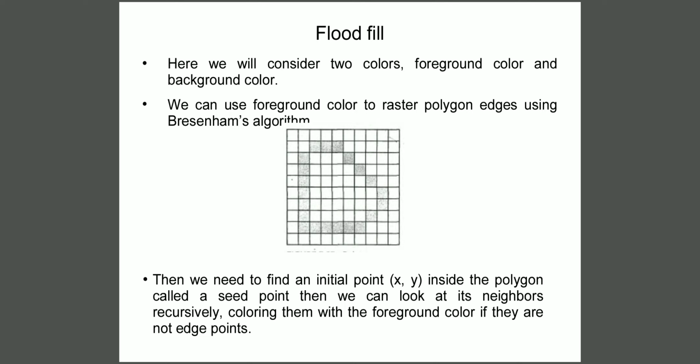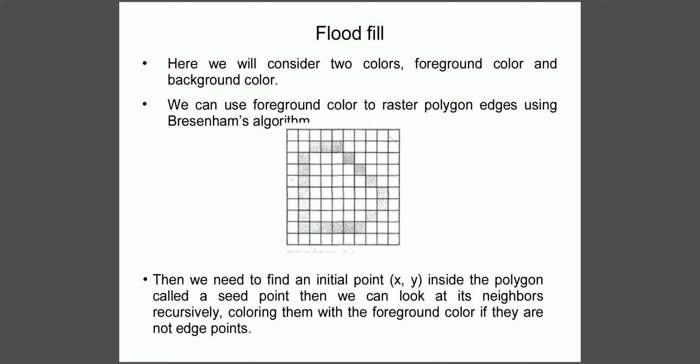For every neighbor we will check its color. If it is the background color, then we will update it with the foreground color again. But if the color of a particular point is already the foreground color, then we will stop identifying neighbors in that particular direction.